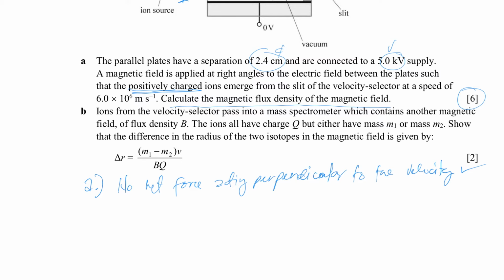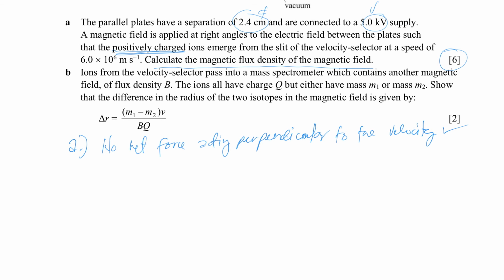Because you already argued that there is no net force, you can say now that FE is equal to FB. It means QE is equal to Q times the velocity times B. You remove the Q, and now you are left with B. The formula of B is the electric field all over the velocity.